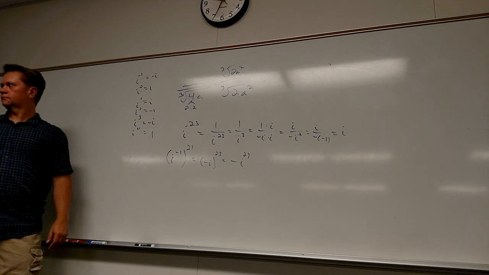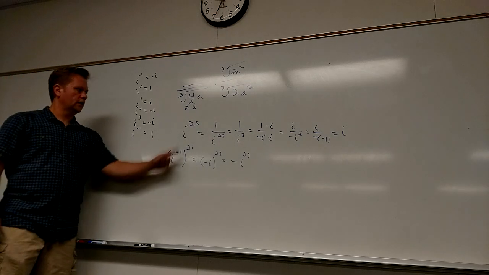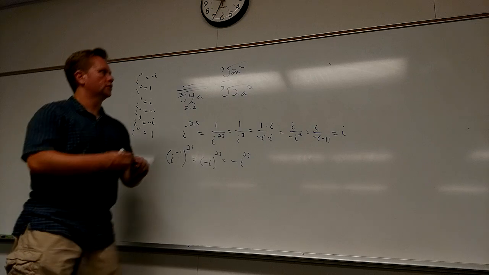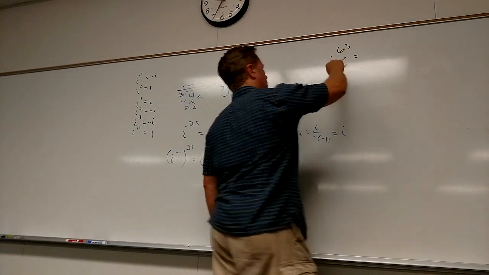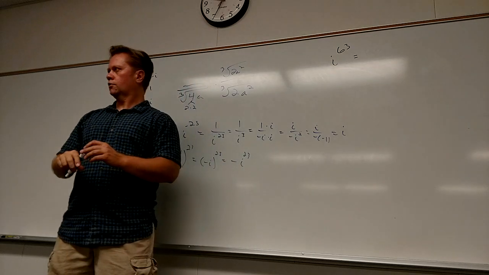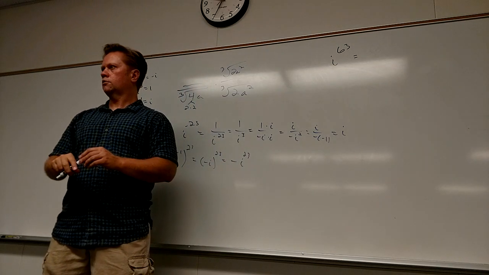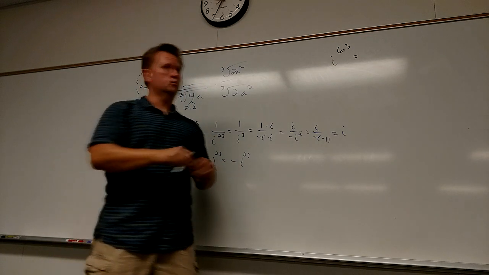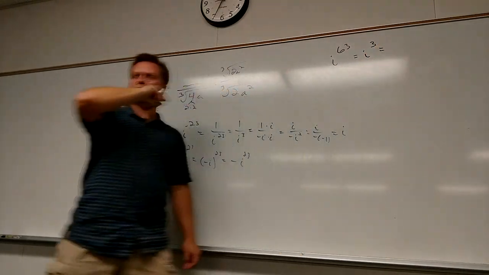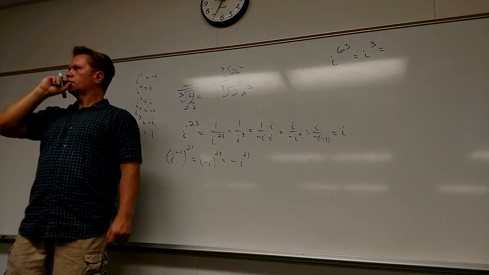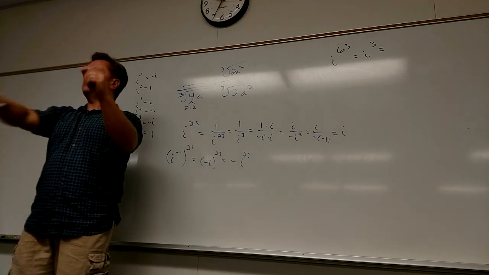How would you do I to the 63? Same way you did I to the 23. What is 63 divided by 4? What's the remainder? 3. So I to the 63 is the same thing as I cubed, which you just talked about. And again, why do I divide by 4?